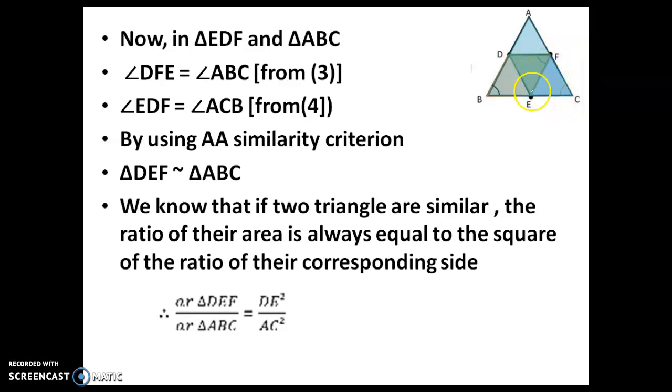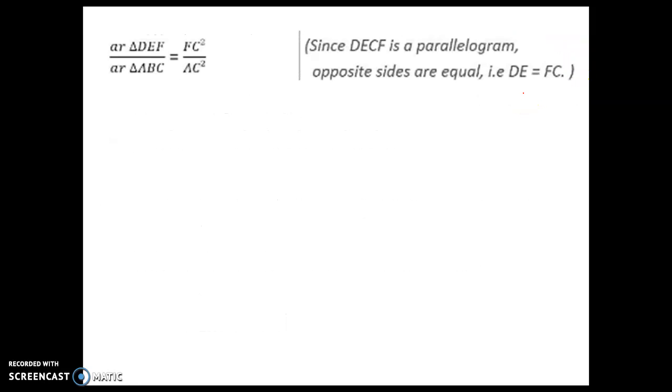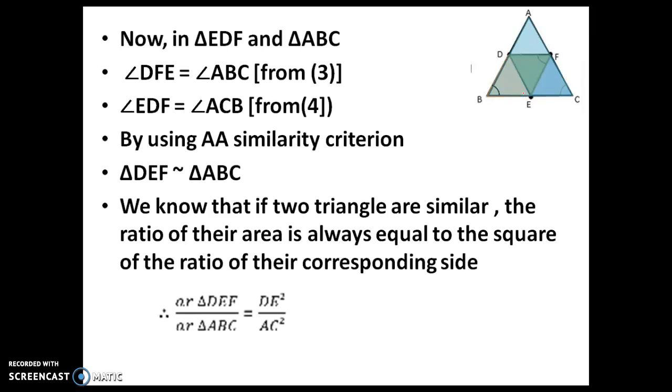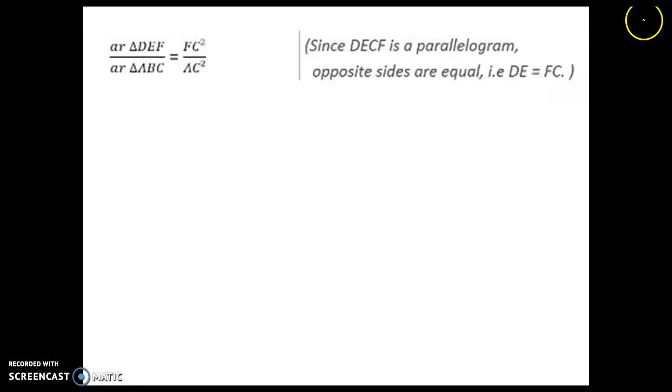So these two we are taking for the ratio. In this, DE can be replaced with FC, because DE is equal to FC. Since it is a parallelogram, opposite sides are equal. So instead of DE we are replacing with FC.